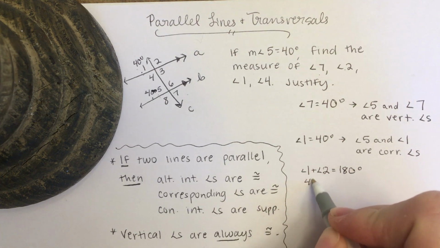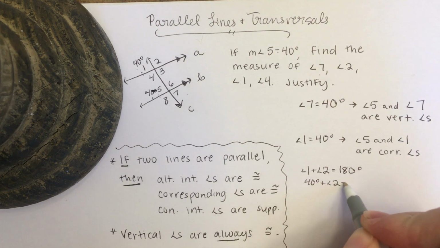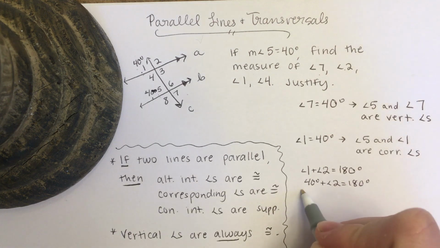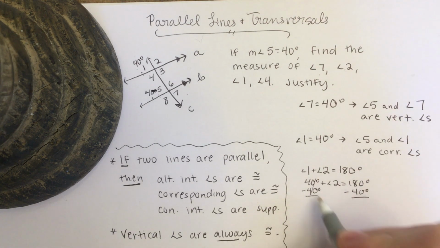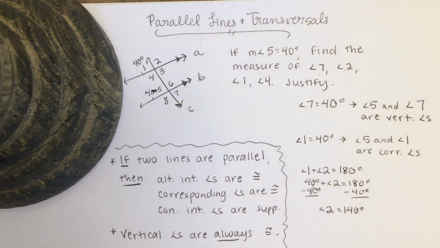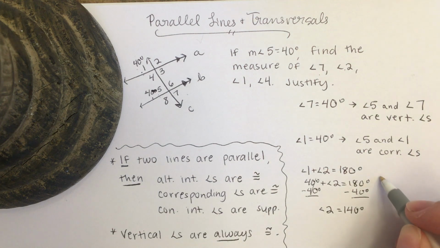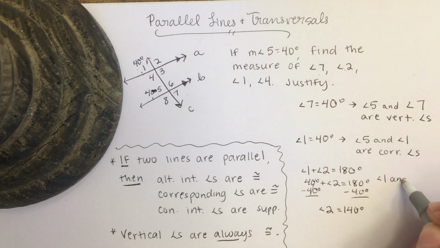I know angle 1 is 40 degrees, so now I just need to figure out the measure of angle 2. So when I subtract 40 degrees from both sides, I get angle 2 is 140 degrees. And again, my justification for that one would be angle 1 and angle 2 are supplementary angles.